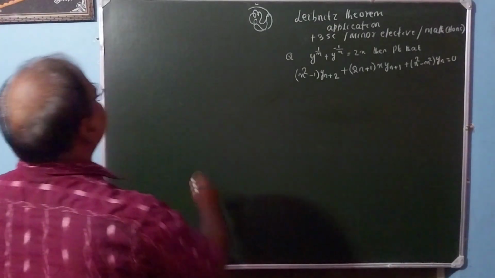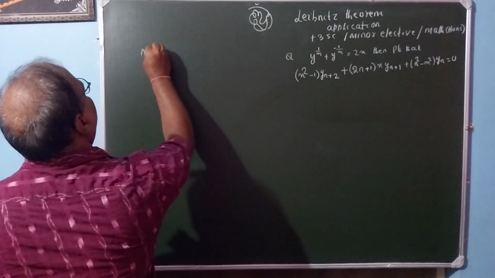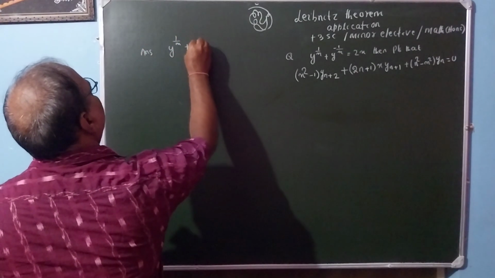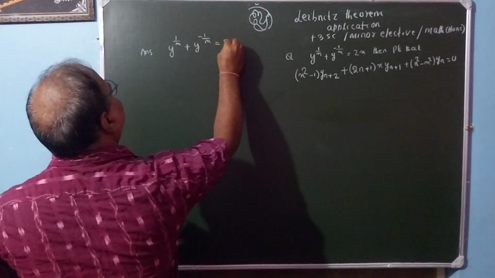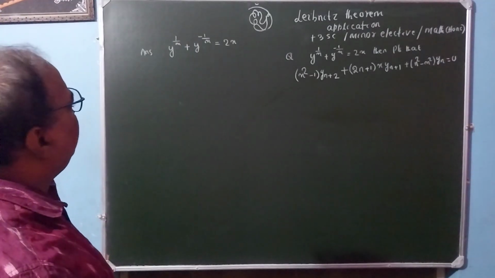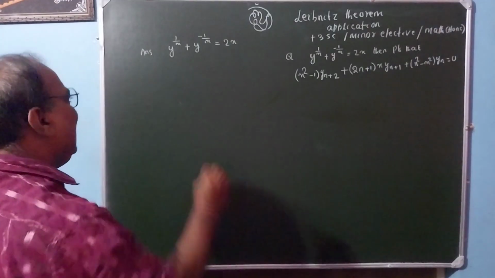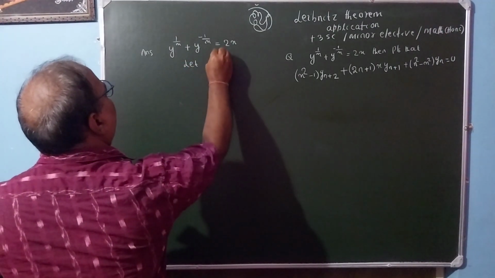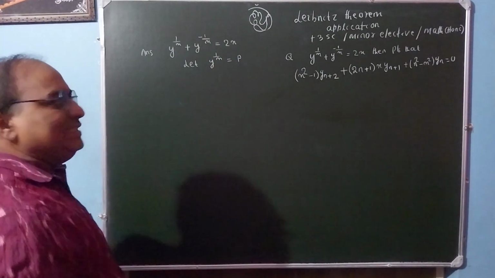Come and discuss now. Write down y to the power 1 by m plus y to the power minus 1 by m is equal to 2x. Let y to the power 1 by m be equal to p.